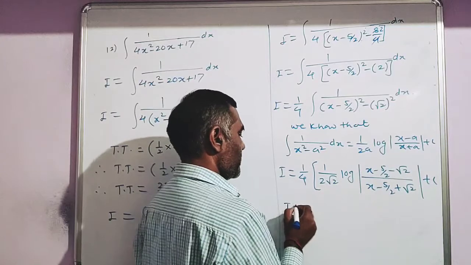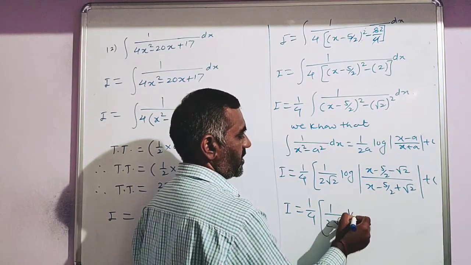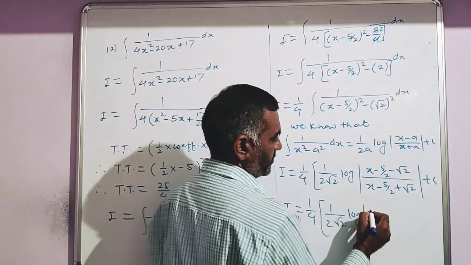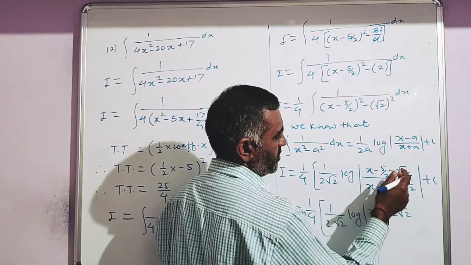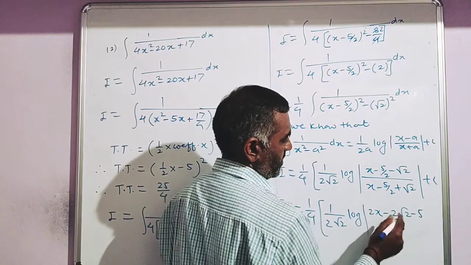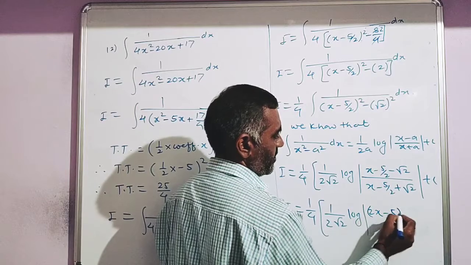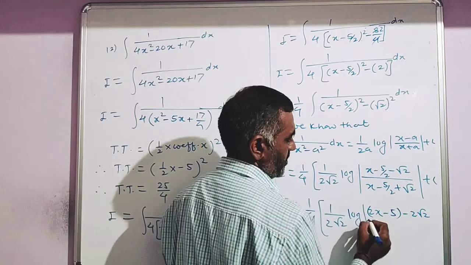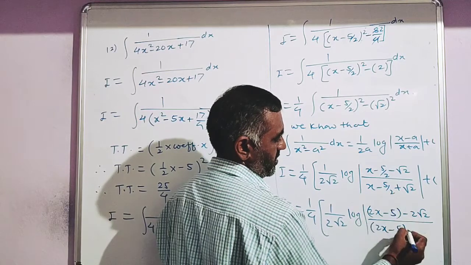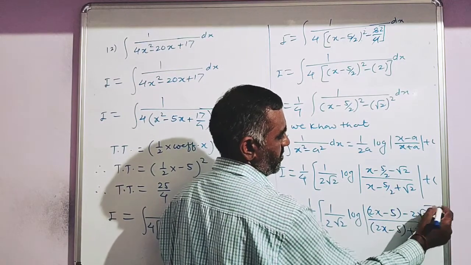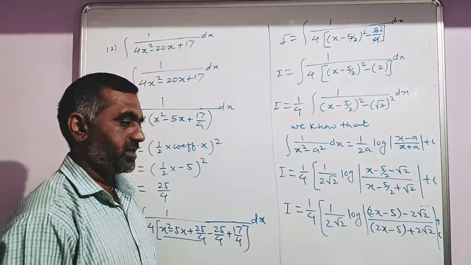Otherwise you can write I is equal to 1/4 into 1/(2√2) log of mod of (2x - 5 - 2√2)/(2x - 5 + 2√2) plus c. This is your final answer here.